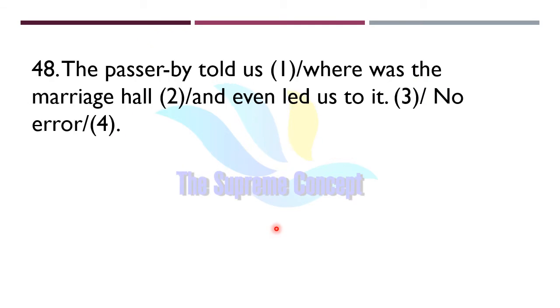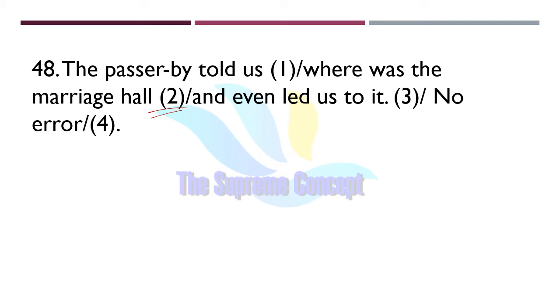The passerby told us where was the marriage hall and even led us to it. So pick out your answer. Yes, the error lies in part number 2. See, the passerby was not questioning us. He was just telling us and leading us to where the marriage hall was.